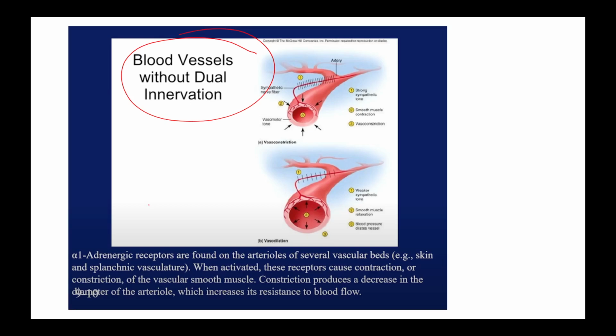In both images, what difference can you observe? Can you tell me? In the first image, you can see the lumen size is smaller, right? And in the second image, the lumen diameter is very large.